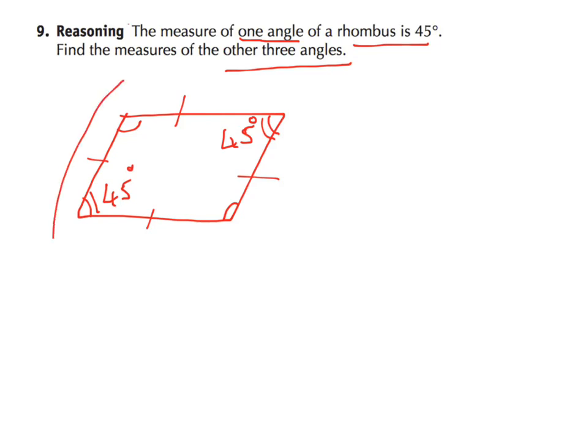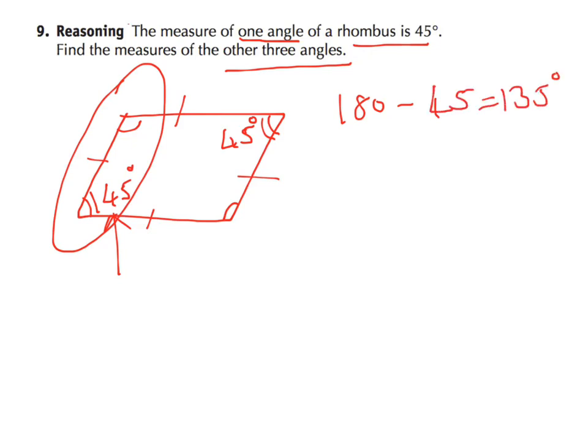Now, the angles on this side, if you add them up, it should be 180 degrees. So if this is 45 degrees, how much will this be? This angle will be 180 minus 45, which is 135 degrees.